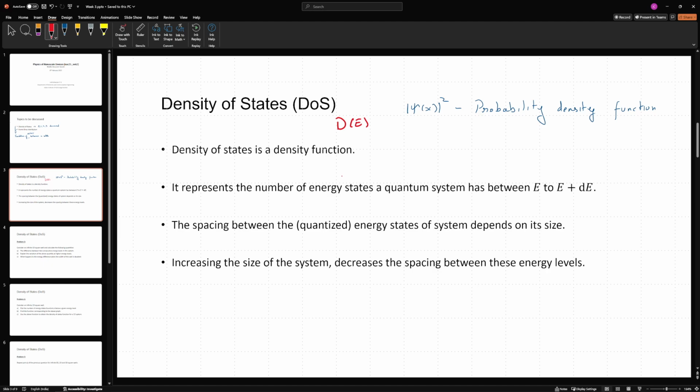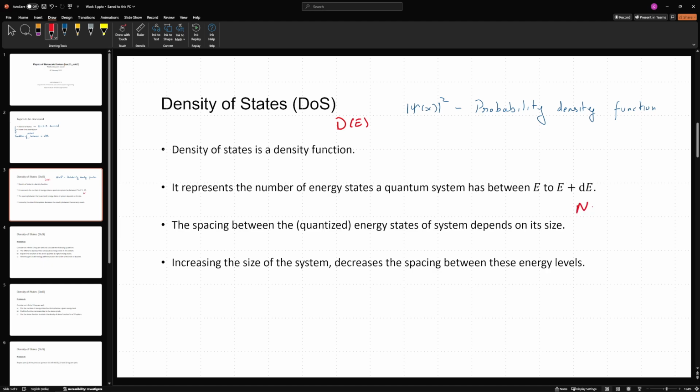In these confined materials, the energy spacing between the quantized energy levels depends on the size of the system, and increasing the size of the system essentially decreases the spacing between these energy levels. So let us see what each of these statements mean. I will also write this.